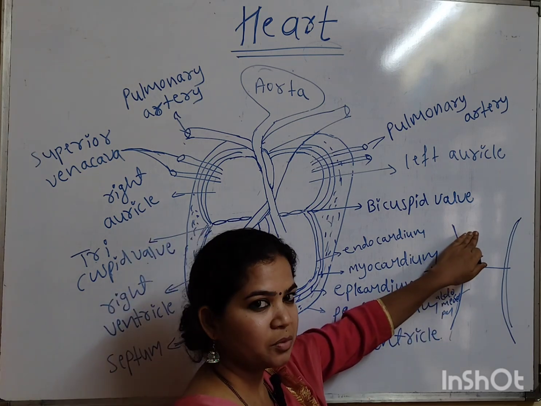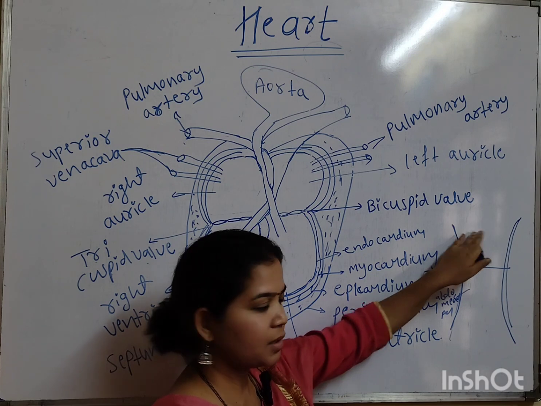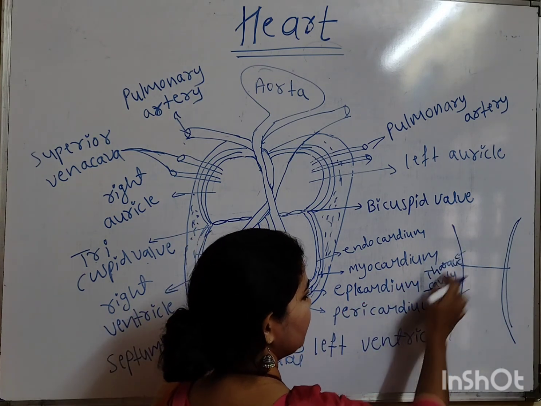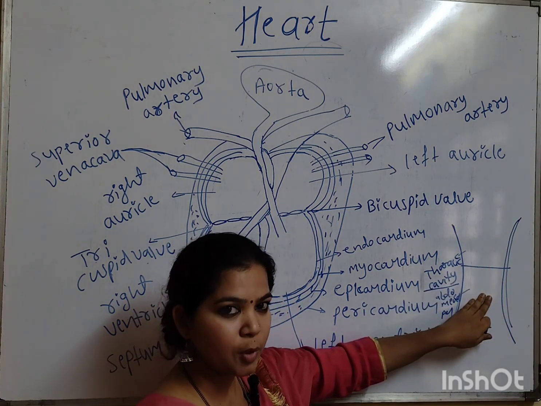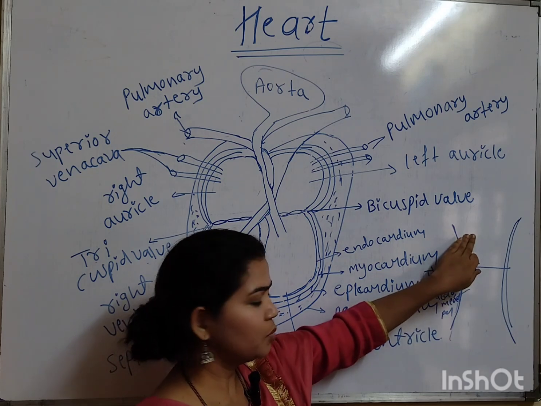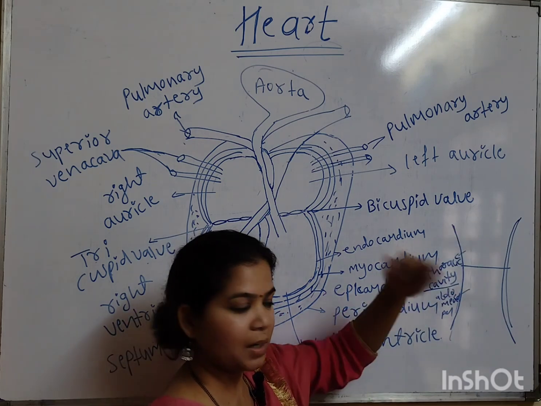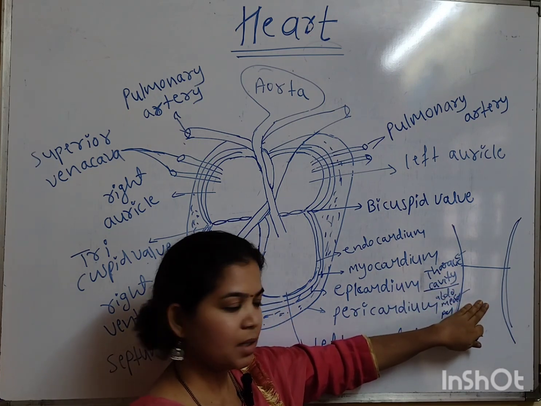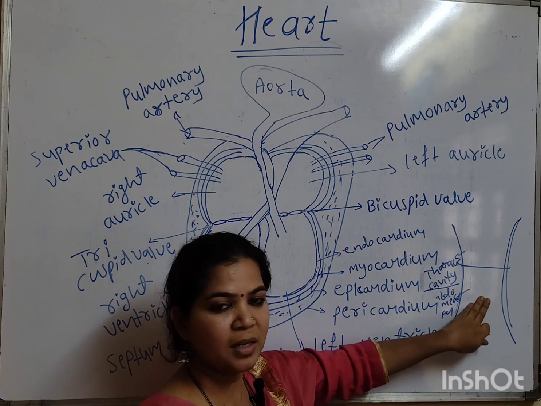The upper part which has lungs and heart is called the thoracic cavity, and the lower part is called the abdominal part, which has stomach, intestine, and all other remaining organs.